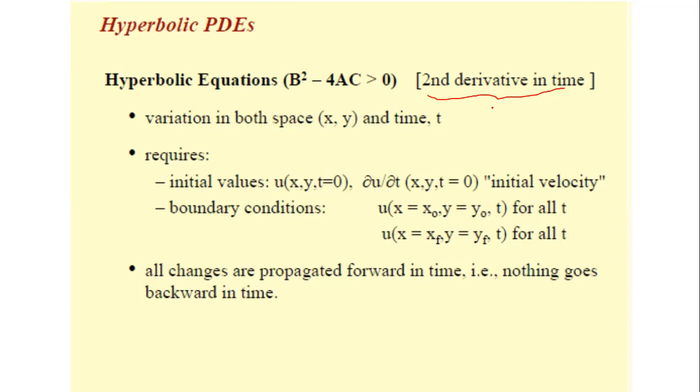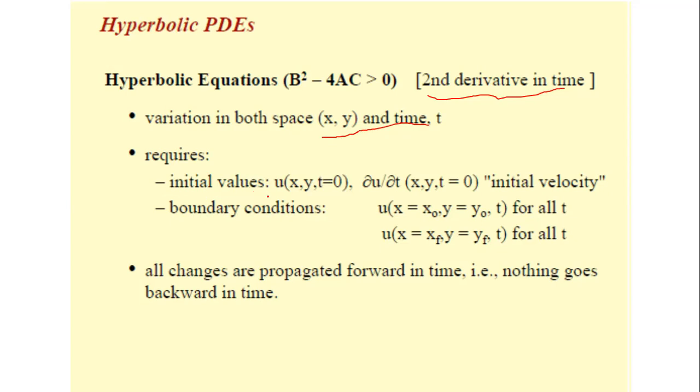In parabolic equations you have first derivative in time. In elliptical equations you don't have any derivative in time; the function is independent of time, a steady state system. So in hyperbolic equations, you can have variation with respect to space as well as time.